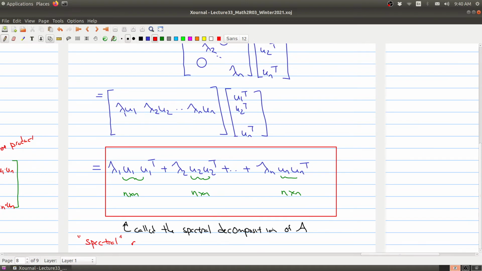Spectral refers to eigenvalues. When we talk about the spectrum of an operator, we're talking about the set of all of its eigenvalues. So it's called the spectral decomposition, right?